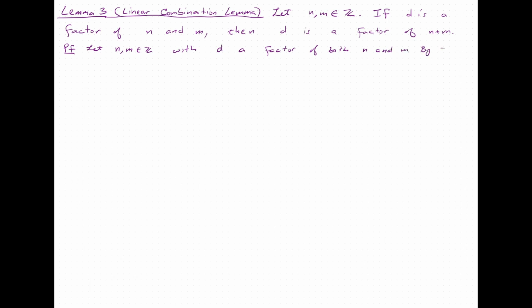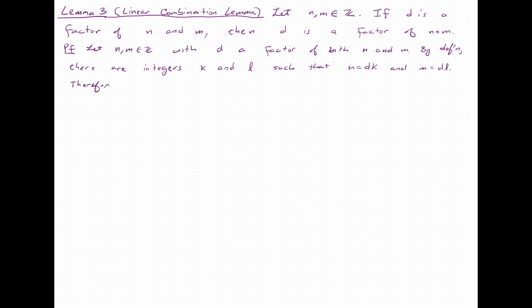So by definition, there are integers k and l such that n is equal to d times k and m is equal to d times l.